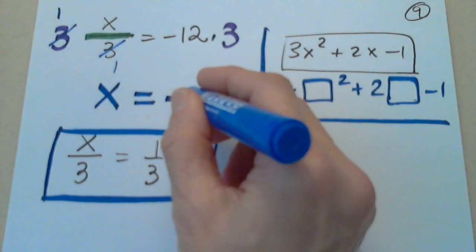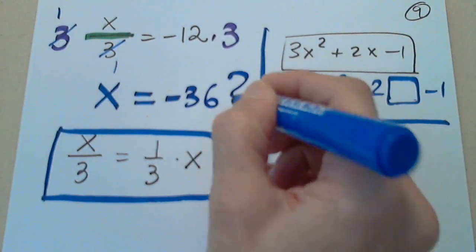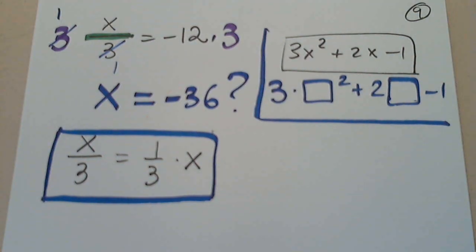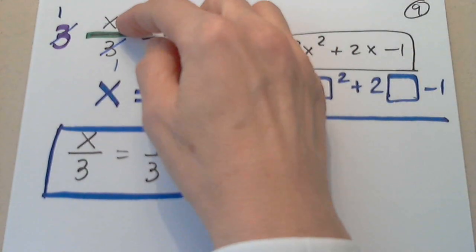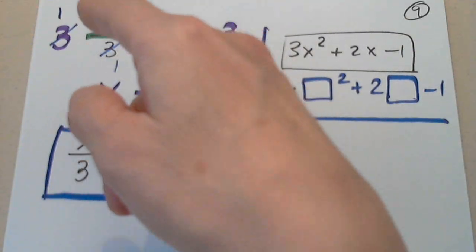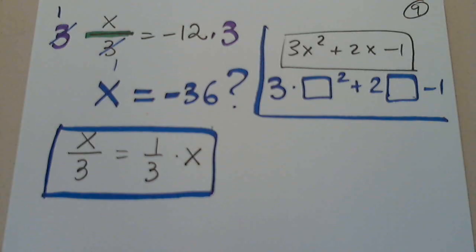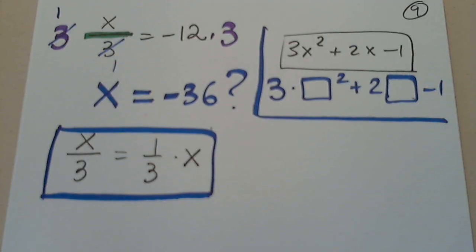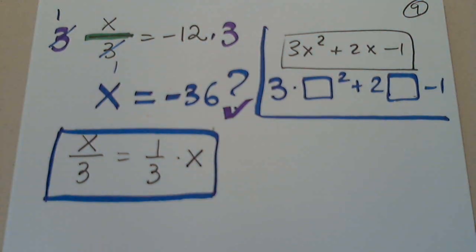Negative 36. Negative 36. Is this true? I don't need anybody to tell me what to do, or if it is false or true. I just go back and replace x by negative 36. Negative 36 divided by 3 is indeed negative 12. This must be it. There is no discussion that this is the answer.